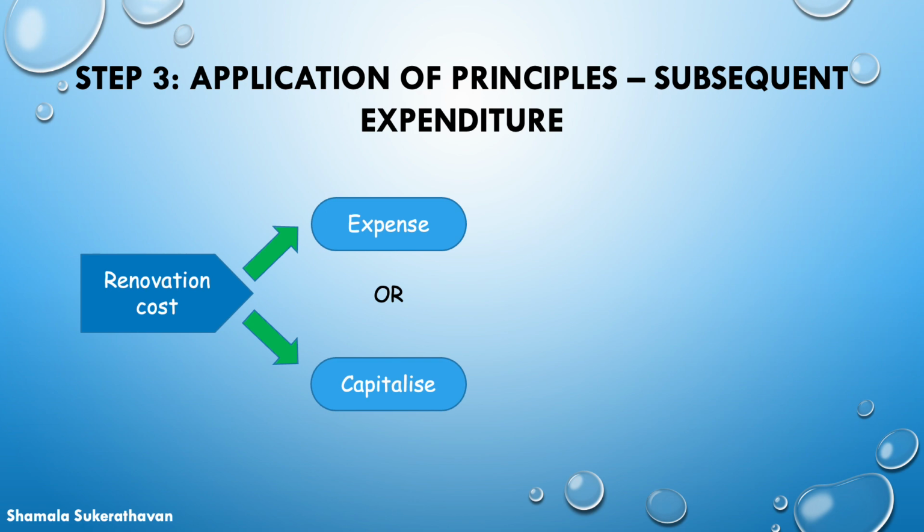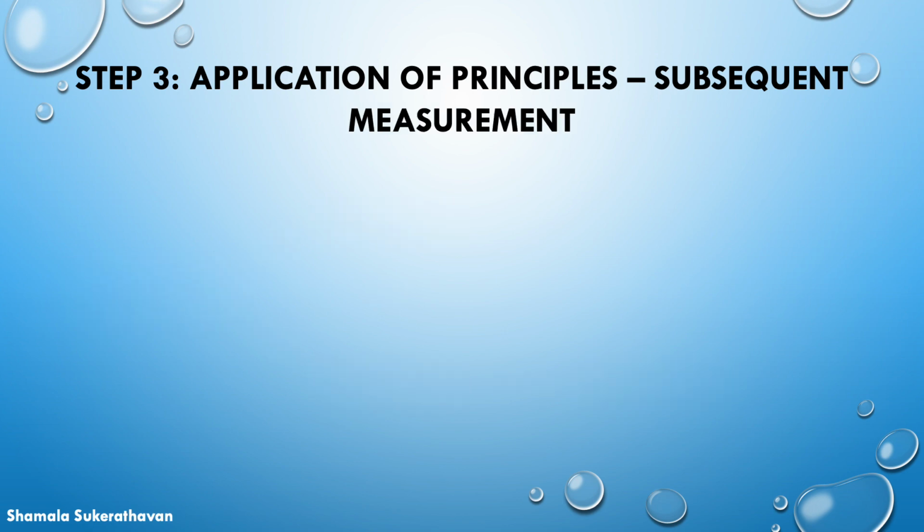Therefore, the renovation costs incurred should be capitalized, as it is an enhancement to the building, given the building was left by the previous occupant in an untenantable condition. The renovation was necessary to bring the building to the condition for intended use and result in probable future economic benefits in excess of the originally assessed standard of performance.